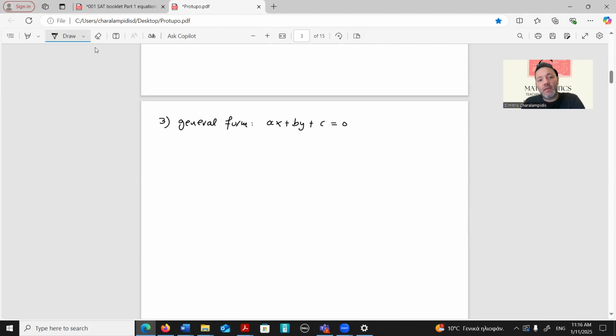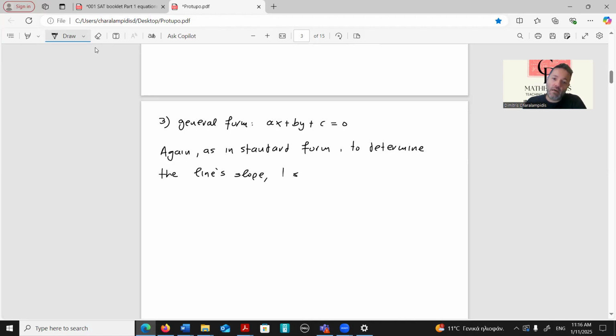In here, again, as in standard form, to determine the line's slope, I should firstly solve for y to rewrite it in slope-intercept form.